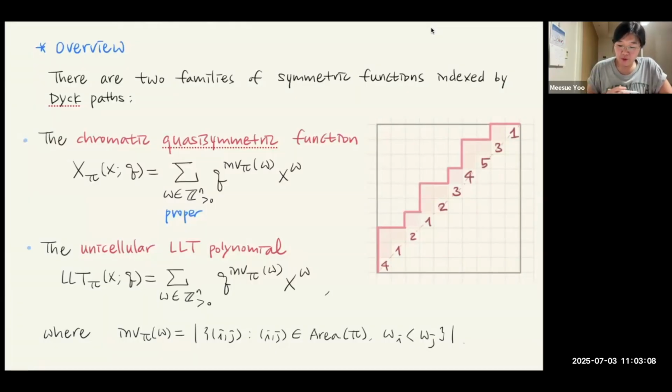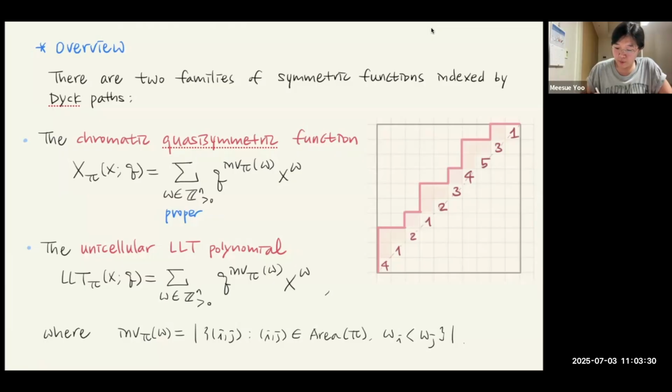So these chromatic symmetric functions are defined over the simple graphs, but if the graph is the incomparability graph of the natural unit interval order, in that case, this graph can be included in the picture of the Dyck path. So I'm just defining the chromatic symmetric functions over the Dyck path.